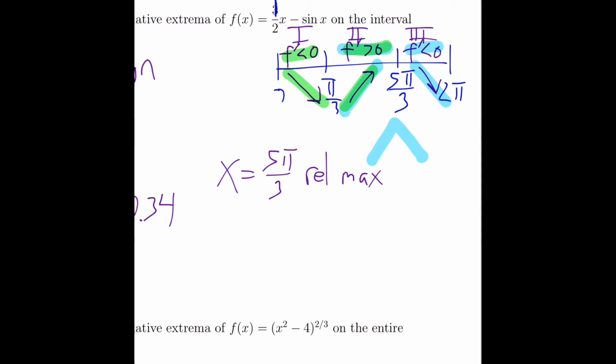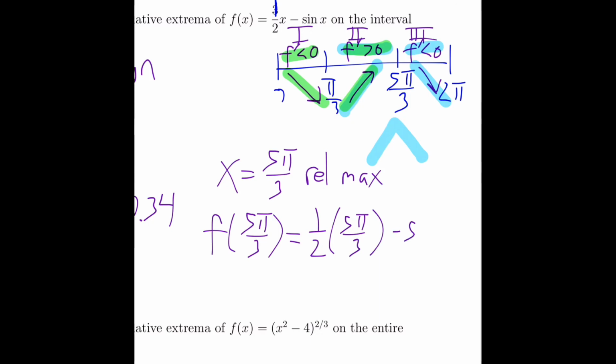So that's the location. The value of the relative max would be f of 5 pi over 3. This is going to be equal to 1/2 times 5 pi over 3 minus the sine of 5 pi over 3. This is going to be equal to 5 pi over 6 minus the sine of 5 pi over 3, which is negative radical 3 over 2.